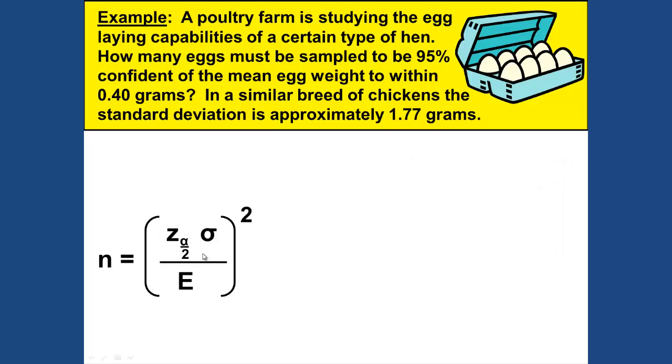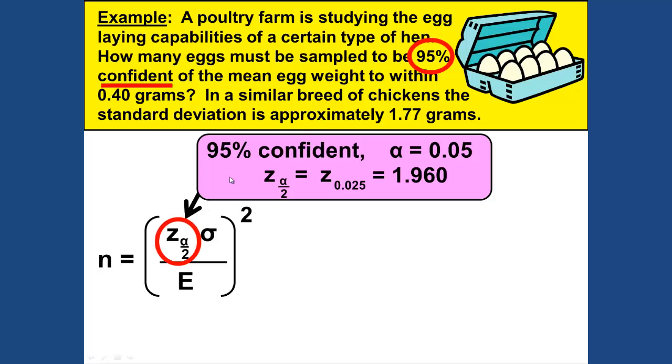So we'll start with the Z alpha divided by 2. So we're dealing with 95% confident. So if we're 95% confident, our alpha is 100% minus 95%, which is 5%, which is 0.05.